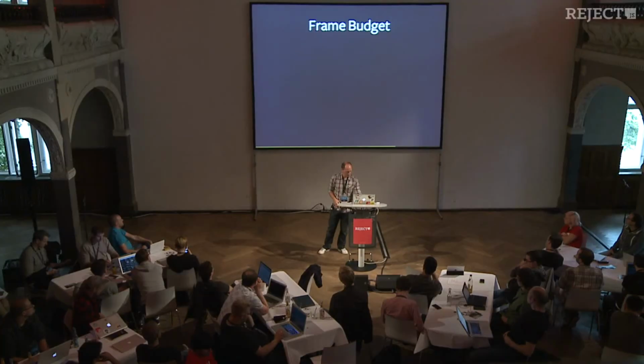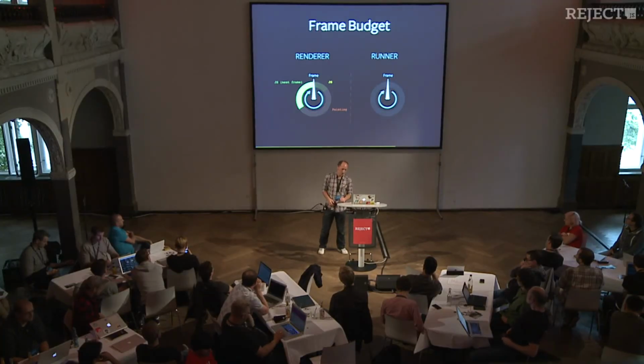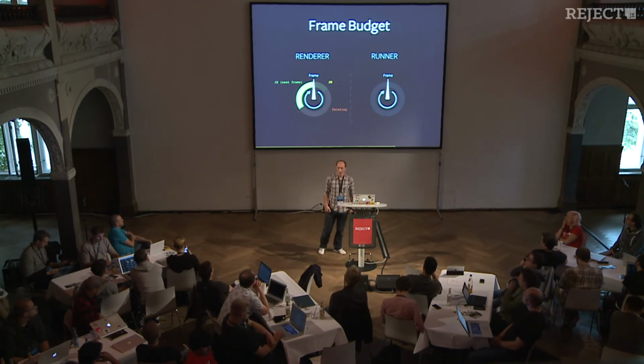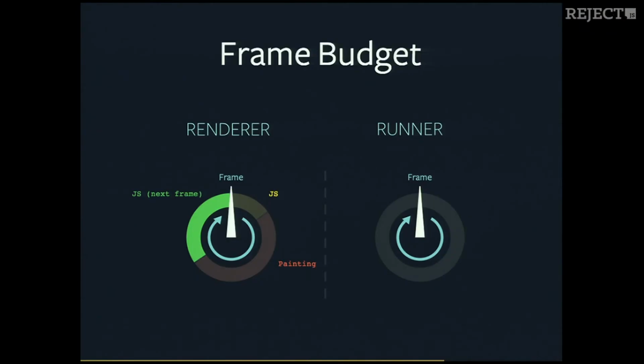I just want to talk about the next frame. So why are we doing this in the renderer? That's the question. Why don't we shift the computation of the next frame to another thread, which can be run side by side? So now we have much more time for painting.